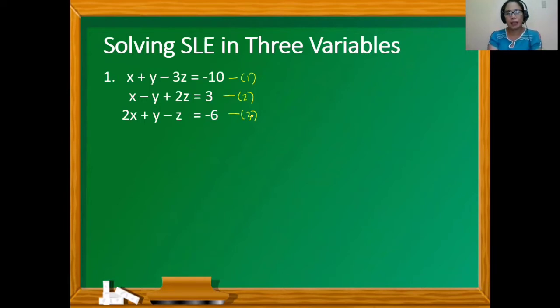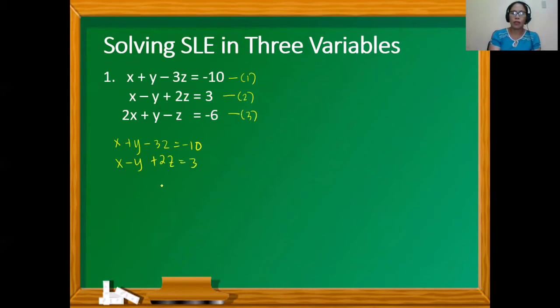Now we will be selecting two pairs of linear equations among the three equations, and we will eliminate the same variable from each pair of equations that we select. In the three equations here, we can eliminate y. So we can select the first and the second equation first. We have x plus y minus 3z equals negative 10, and then x minus y plus 2z equals 3.